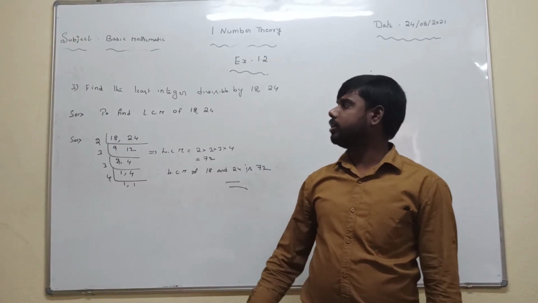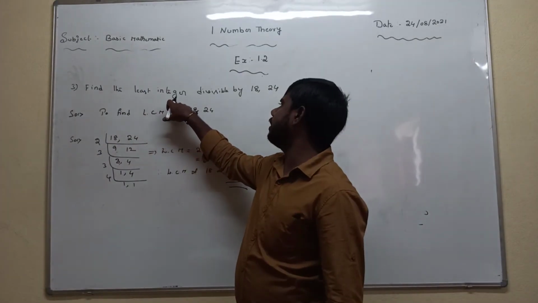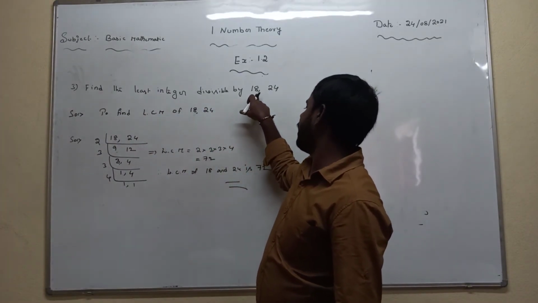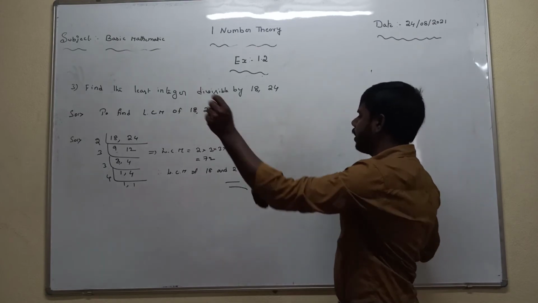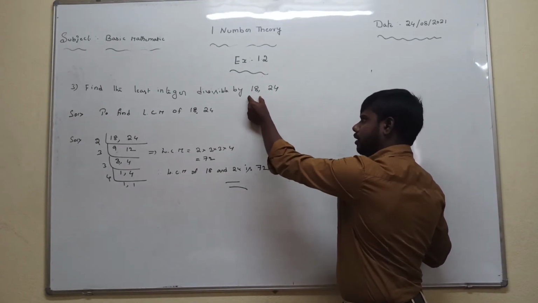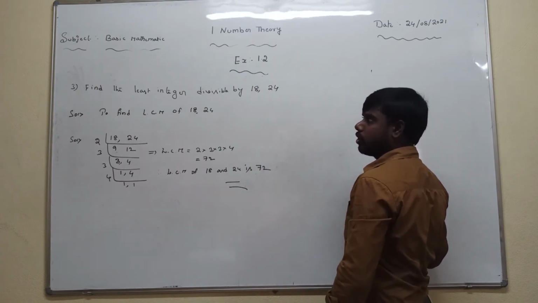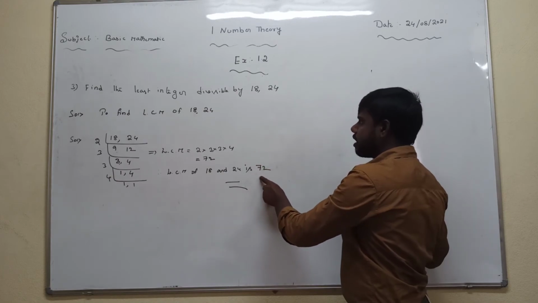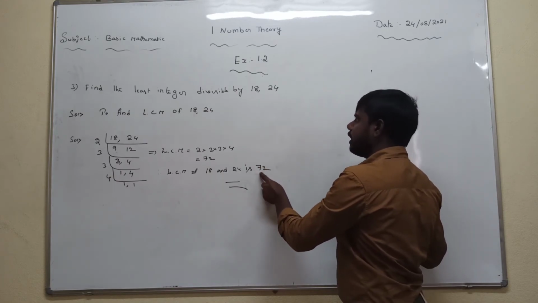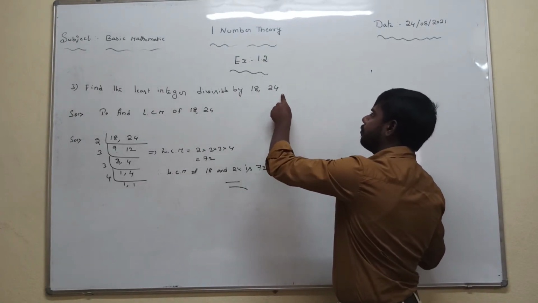In the question, find the least integer divisible by 18 comma 24. Observe here, 72 is divisible by 18 and 72 is divisible by 24. So what is the least integer? 72 is the least integer divisible by the given numbers 18 comma 24.